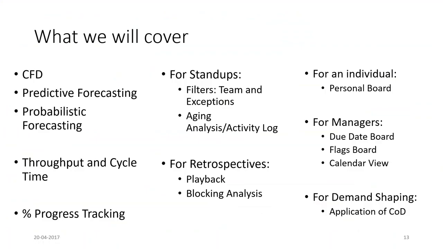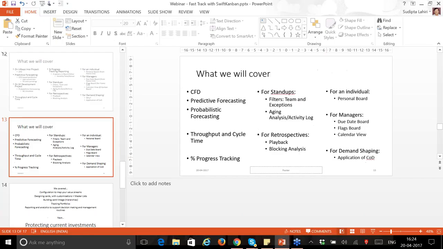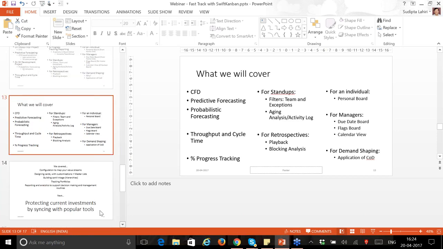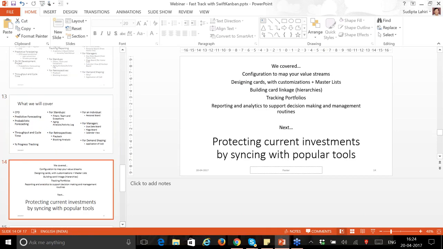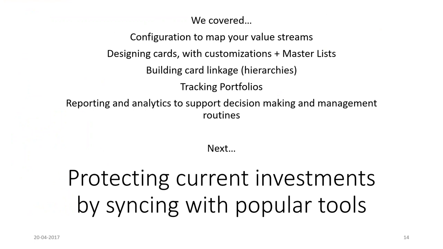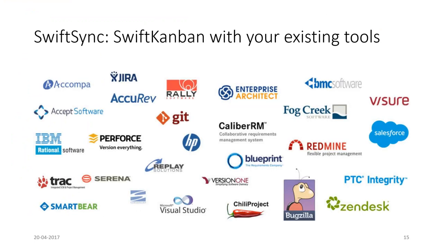And with that, I would end our presentation here. I think we have a few minutes left for some Q&A. Before that, just to wrap up on our integrations story within the ecosystem. SwiftSync helps you integrate with over 40 tools, and you have some of the sample tools listed here. So in other words, you can have a complete bi-directional integration with Jira and yet have the Kanban tool being used from SwiftKanban.